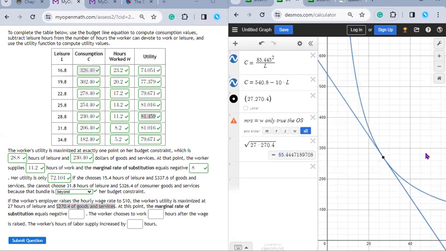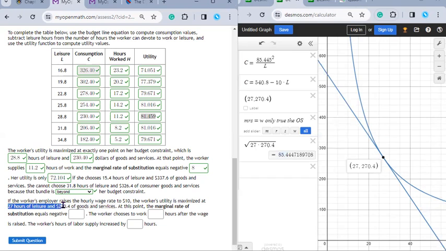And notice that my indifference curve is tangent at this point. So this point is indeed the bundle of leisure and goods and services that is affordable because it's on the budget line and maximizes the consumer's utility. Okay.